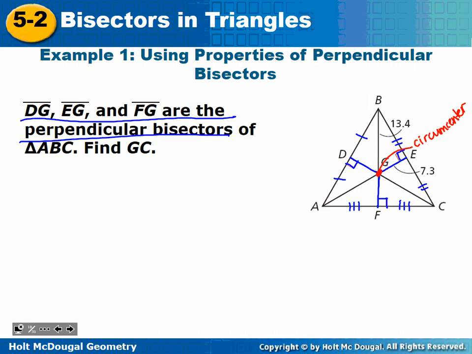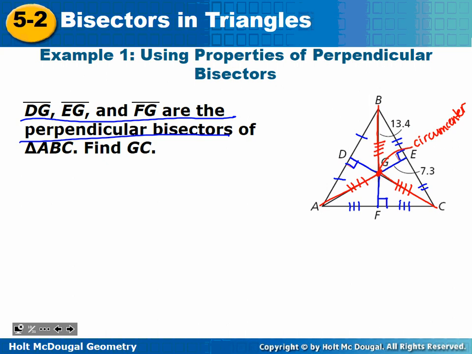Not GF, DE, or DG and EG. Those are the perpendicular bisectors. It's the distance from the circumcenter to the vertices that is equidistant. So remember up here, it's from the circumcenter to the vertex, circumcenter to vertex, circumcenter to vertex. So what is that in this picture? GA, GB, and GC.